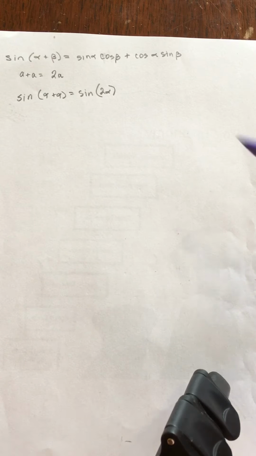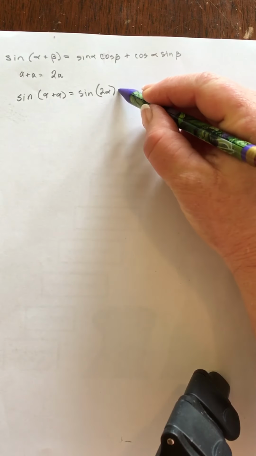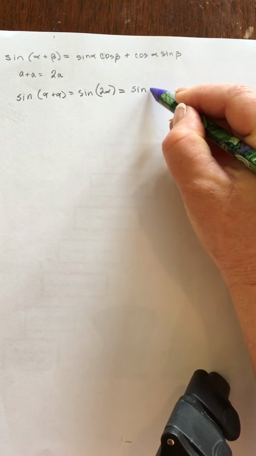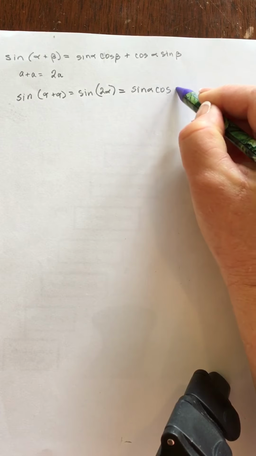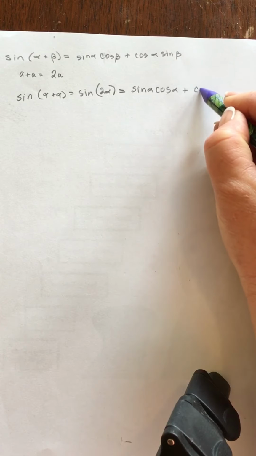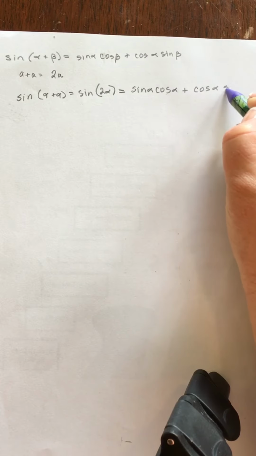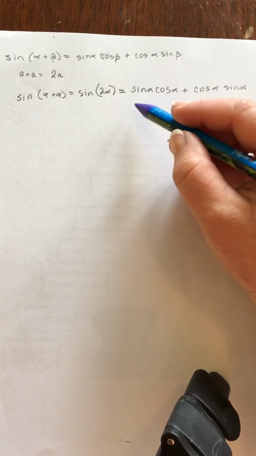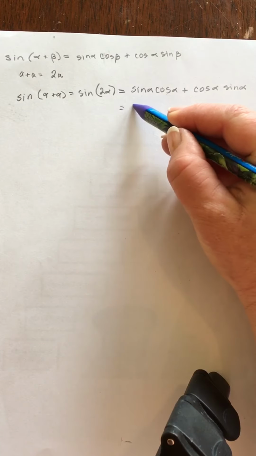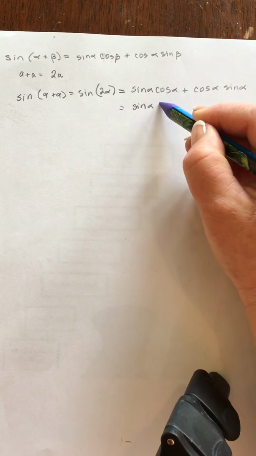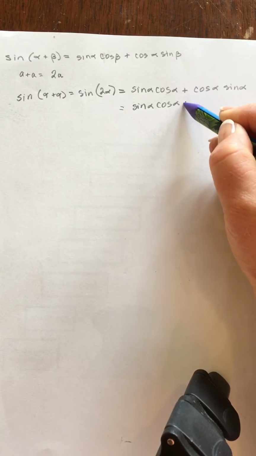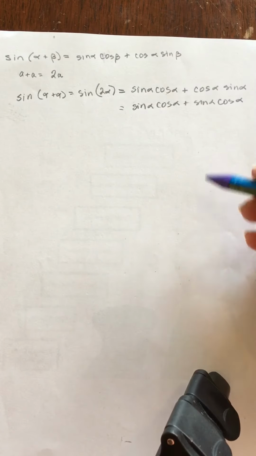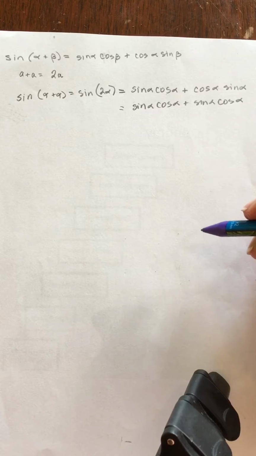So then we could still use our identity. So we could say that then that is the sine of alpha cosine of alpha plus the cosine of alpha sine of alpha. And then we'll just do a quick rewrite using the commutative property, sine of alpha cosine alpha plus sine alpha cosine alpha, just so that we can recognize that those two are exactly the same thing.